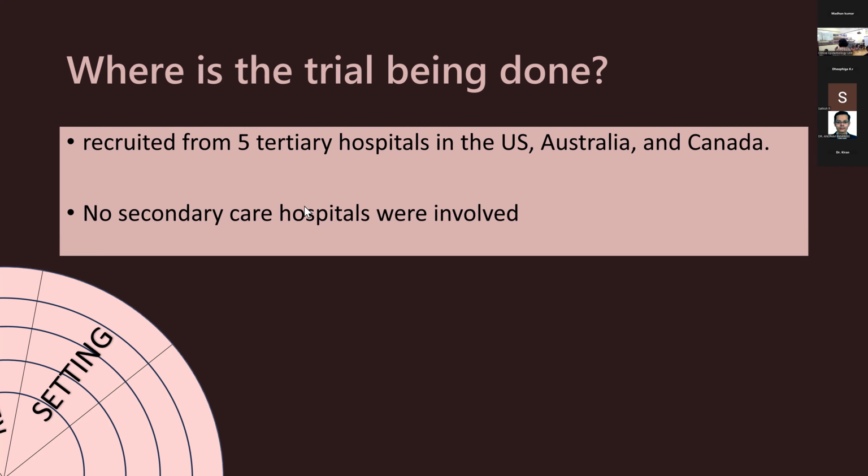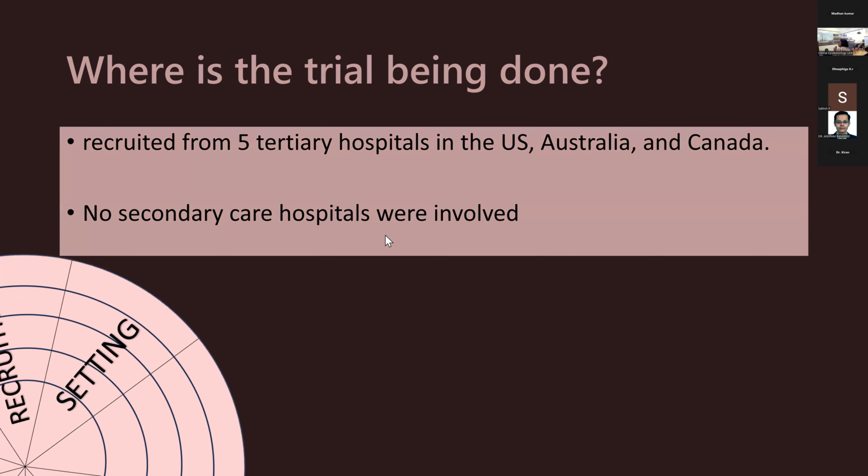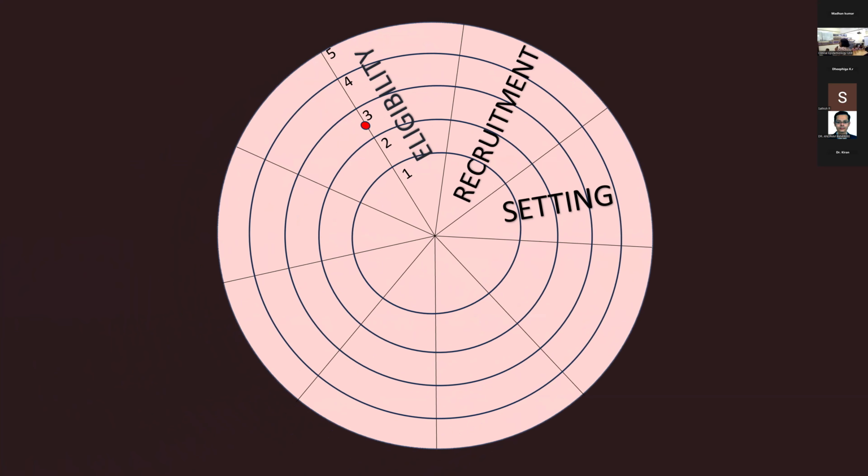One, they would be detected in primary care, but they can get treated in secondary care, cardiology specialized hospitals, as well as in tertiary care hospitals. Here in this trial, the patients are recruited from 5 tertiary hospitals in US, Australia, and Canada. No secondary hospitals or cardiology specific clinics were involved. So this is again moving more towards an explanatory setting. So I've given 2.